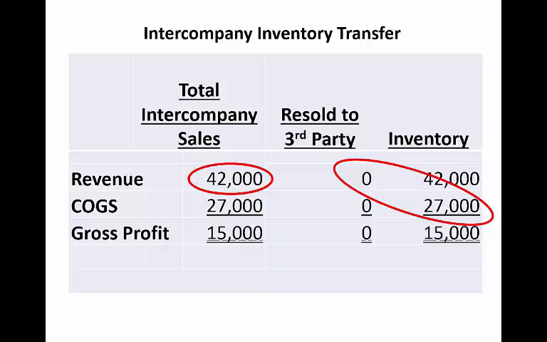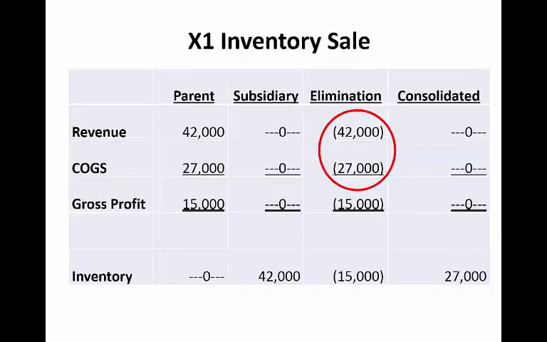We will eliminate the revenue, and we'll add up the items in the ellipse for the cost of goods sold amount. And as you can see here, it's kind of clear that the subsidiary did not sell any goods. So for consolidation purposes, the parent can't recognize any of that revenue, cost of goods sold, or gross profit.